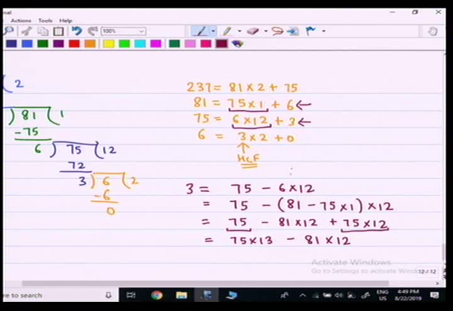Now again, we have to go through the first step. In the first step, the remainder was 75. So we will replace this 75 in our expression. 75 can be written as 237 minus 81 times 2. So we will write this 75 as 237 minus 81 times 2, into 13 as it is, minus 81 into 12.